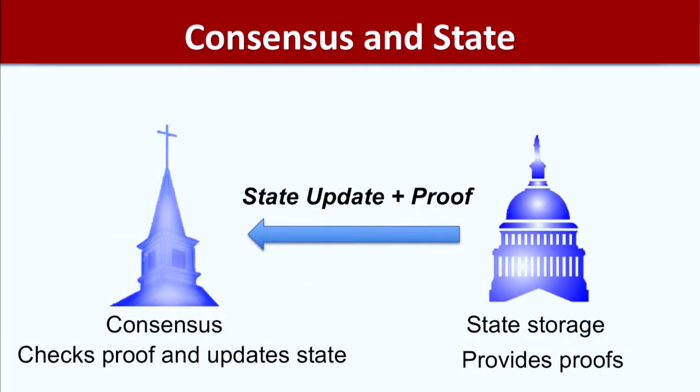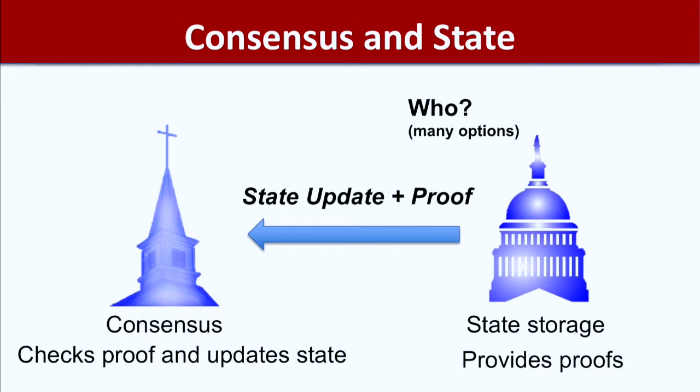But we would like to design a system that separates this problem of storing the state or the history of the database and the job of just being able to participate in the consensus and to verify new transactions. So there's some state storage solution that stores the state and produces proofs that the consensus solution can just read from. Now, who would actually be doing the state storage?